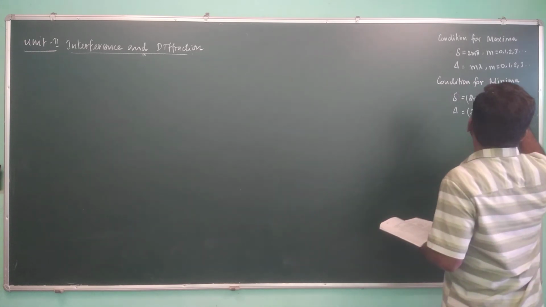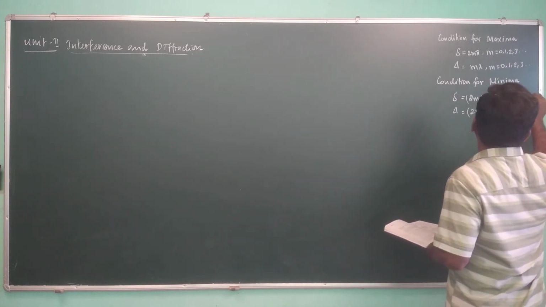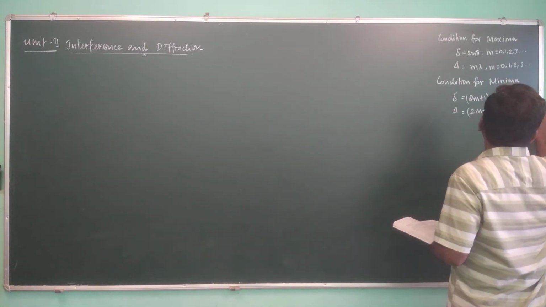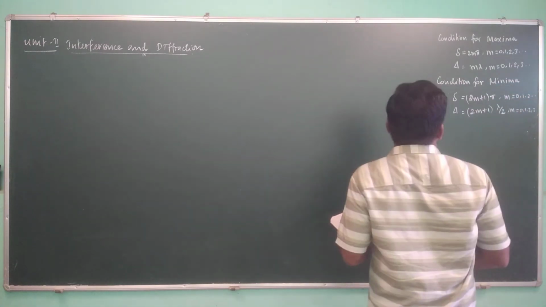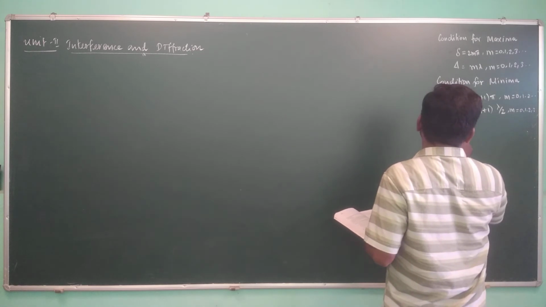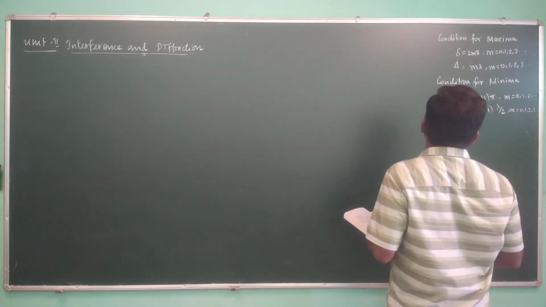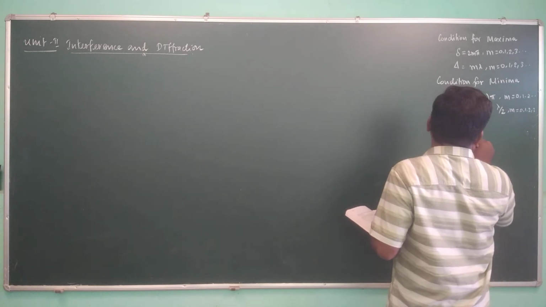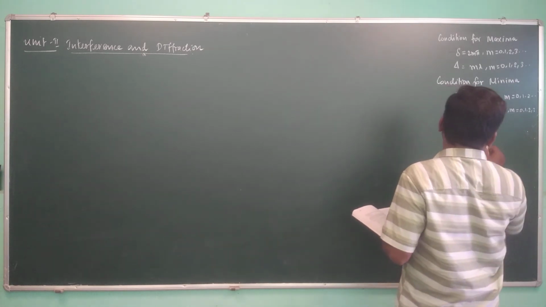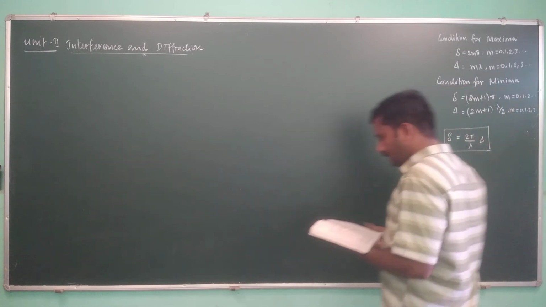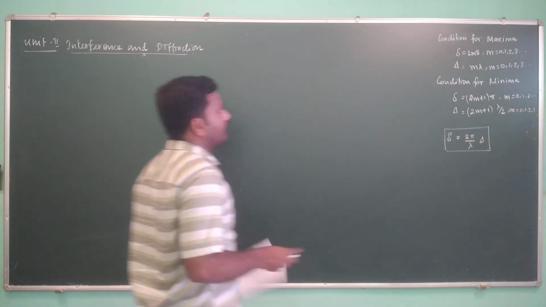In both cases, m runs from 0, 1, 2, 3 and so on. And the connection between path difference and phase difference is delta equals 2 pi by lambda into capital delta. Let's have this for our future reference.